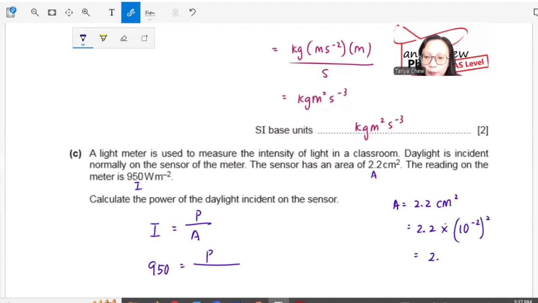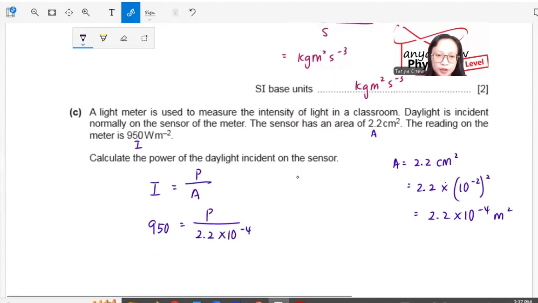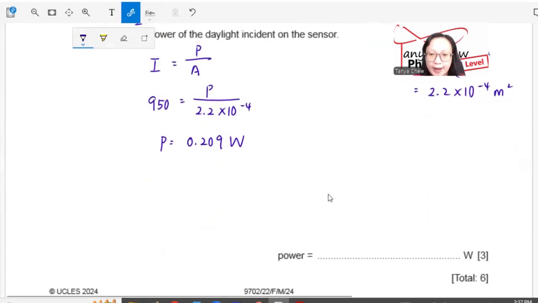So you get 2.2 times 10 to the power -4 meter square. I just sub this in, 2.2 times 10 to the power -4. You do your cross multiplication after that, and you will end up getting 0.209 watt or 0.21 watt as your answer for the power.